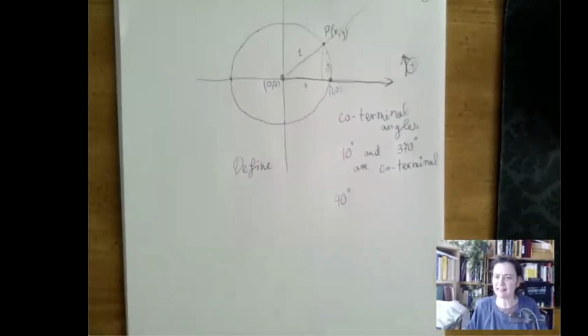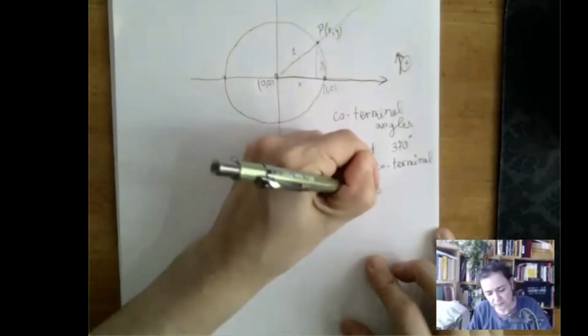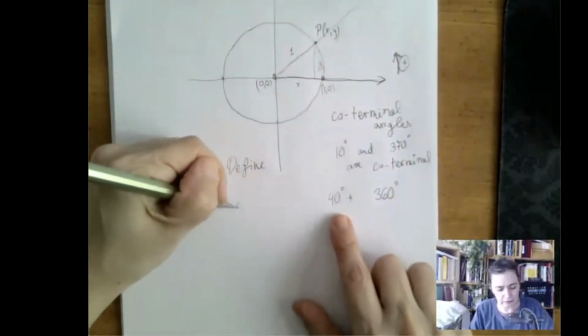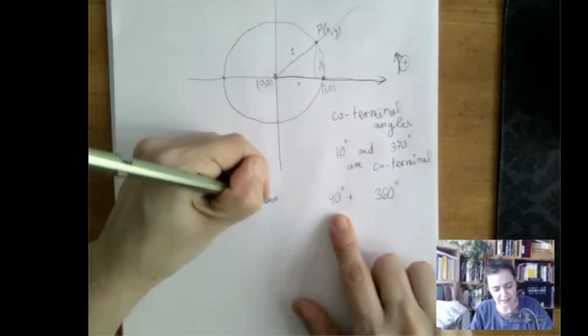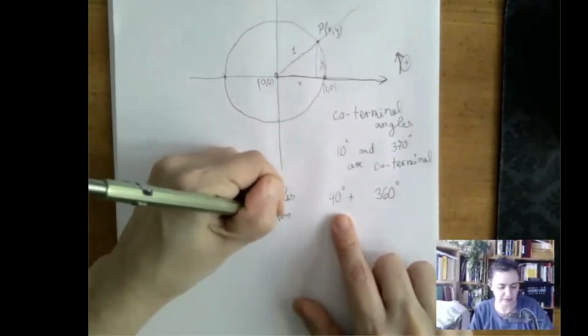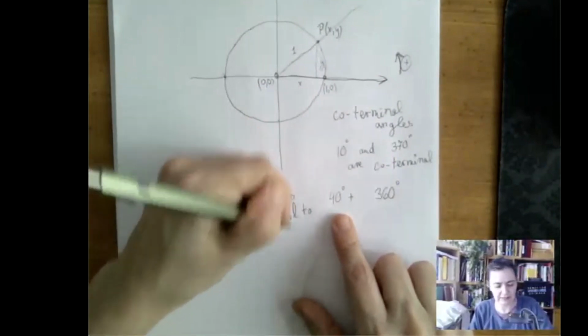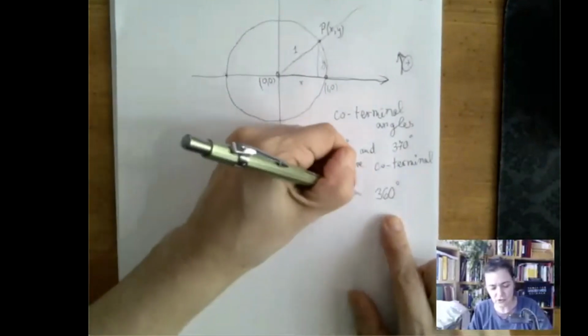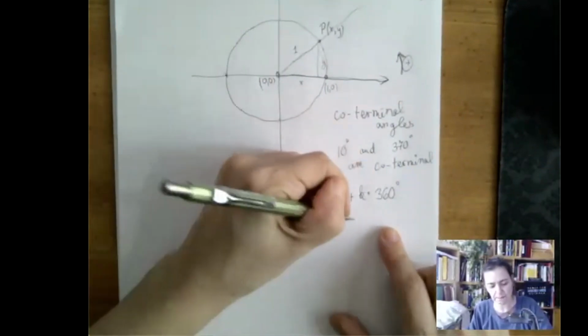So now how do we write down this freaky thing? We basically say for all angles, coterminal to 40 is 40 itself plus an integer number times 360.